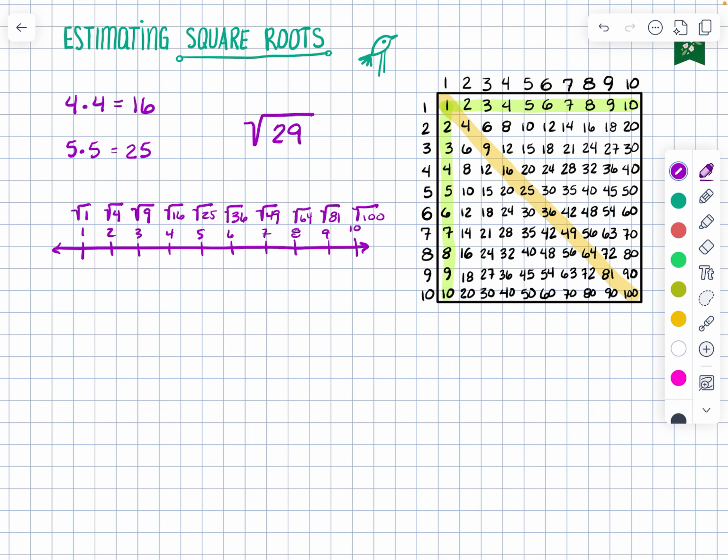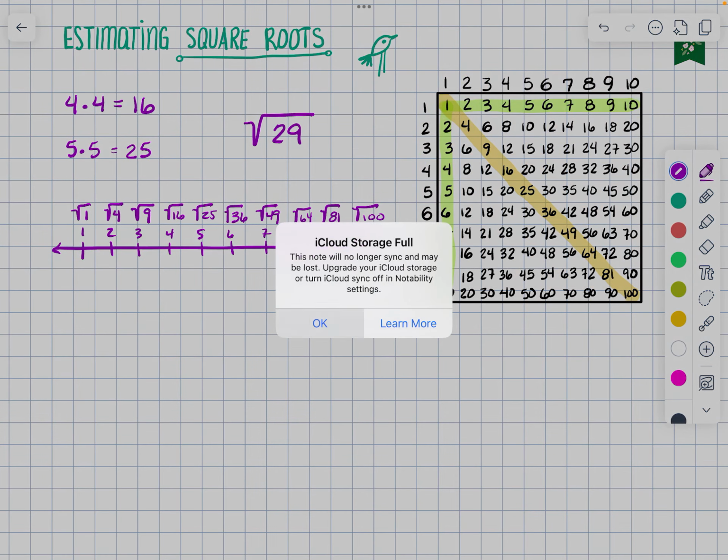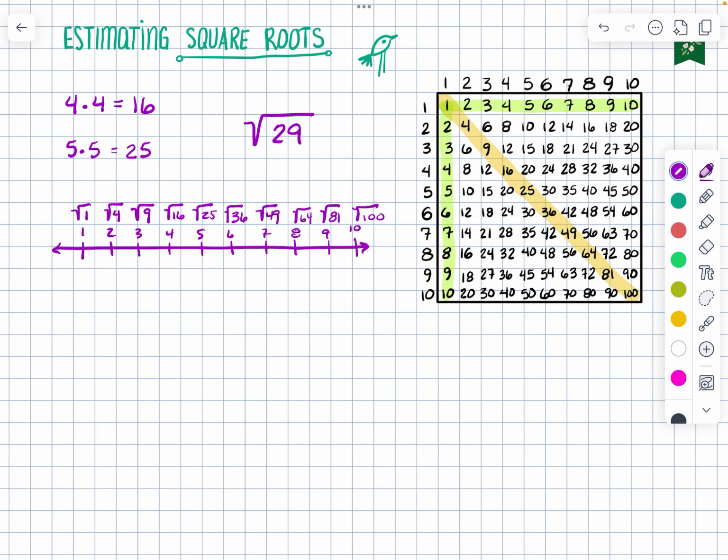Now this is going to help us and make it much easier to solve this problem right here and get close. So let's look at this. Since 29 is not a perfect square, it's got to fall between other numbers. We've got the square root of 25, which is pretty close, and the square root of 36, which is also pretty close.